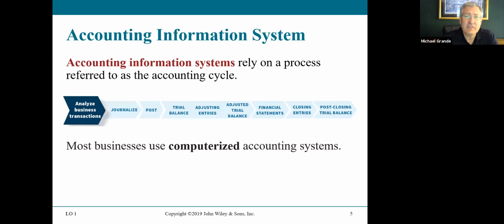Accounting information systems rely on a process referred to as the accounting cycle. And yes, it's true that most businesses use computerized accounting systems, but the computer is simply a tool to make it more efficient and to streamline the process. What we're going to do in this class is we're going to do it with pencil and paper, drafting journal entries and going through the entire accounting cycle manually.